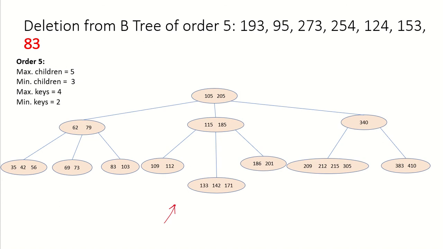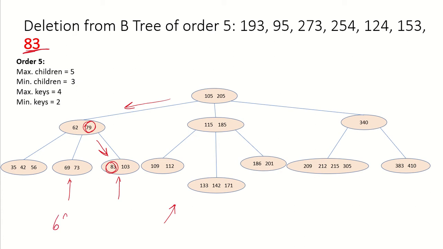Now what we have to do is delete 83. When we delete 83, we follow from the root node. We come to this path over here and we see that 83 is again in the leaf node. It does not have more than minimum number of keys. It cannot borrow from its left sibling. So again it needs to be merged, and it will be merged along with its intervening parent.